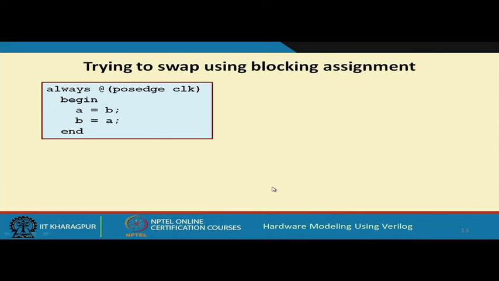Let us take another example. Suppose we are using blocking statements to try to swap. Suppose I write A equal to B, B equal to A, what will happen? Inside the same block, just try to see what will happen here.